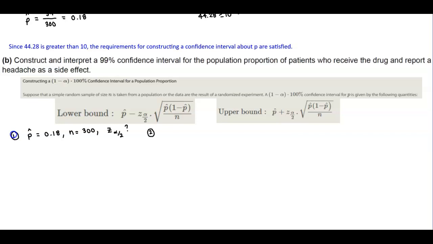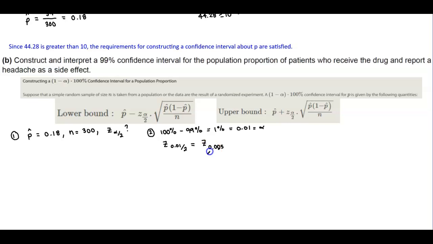So we first need to take 100% and subtract the 99%, which gives us 1%, which represents 0.01. And so this is actually equal to alpha. So we're going to take z, and the alpha is going to be 0.01, and we're going to divide that by 2. So what is 0.01 divided by 2? We know that 0.01 divided by 2 is going to equal 0.005.